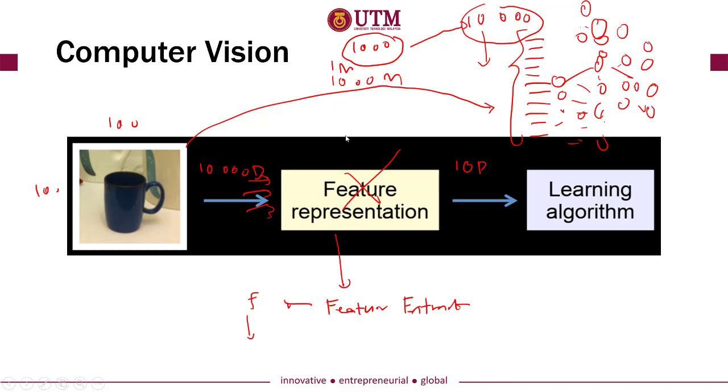To get a good feature, you need to find the best formula at this module. If the good feature fits your data, then the performance of the whole system becomes more and more accurate. Okay, that happens whether it is computer vision, speech processing, or text mining.